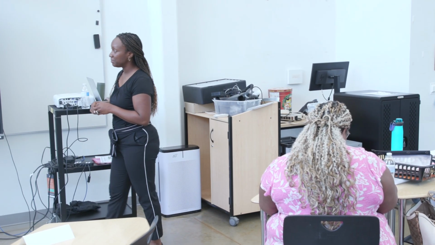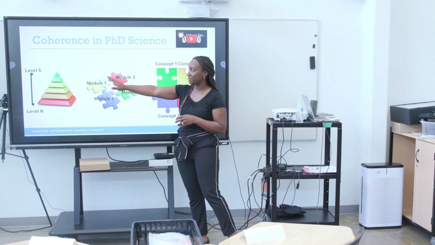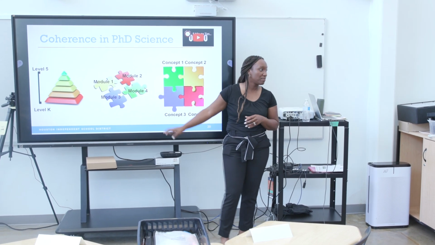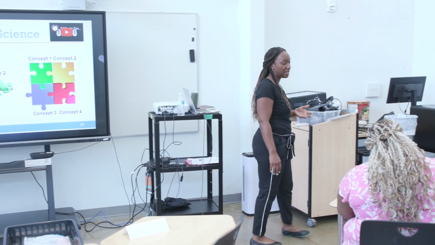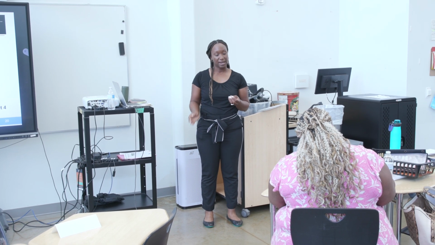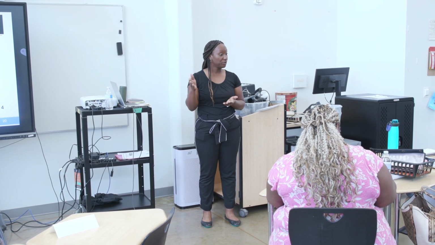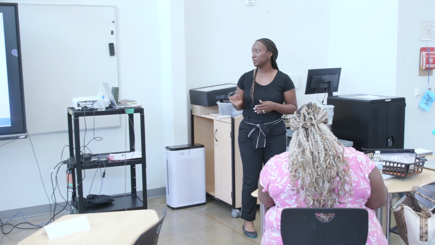The other part that you're going to see is that it's not only coherence from K to 5, but it's also going to shift within the modules. Most grade levels will have 3 to 4 modules. Today, we're going to build our framework from 3rd grade, and 3rd grade has 3 modules in particular. As I look from module 1, 2, and 3, we're going to see conversation pieces that show the coherence, or the connection, from module to module. And then more specific within modules, we have our concepts.